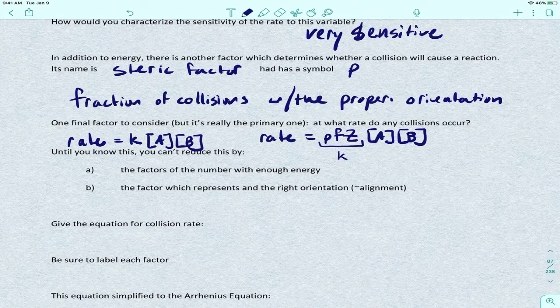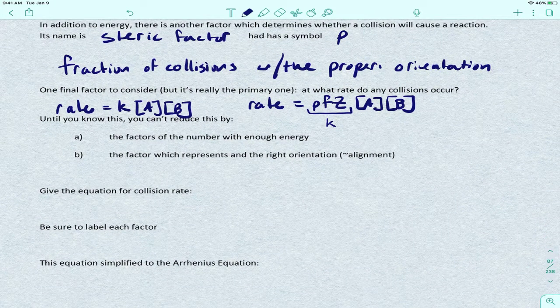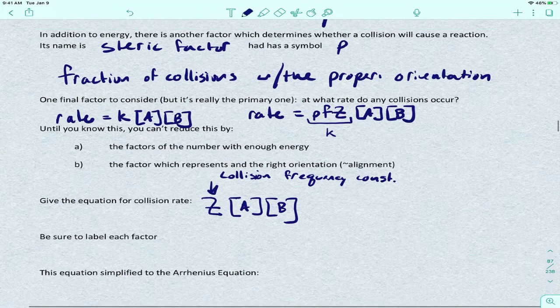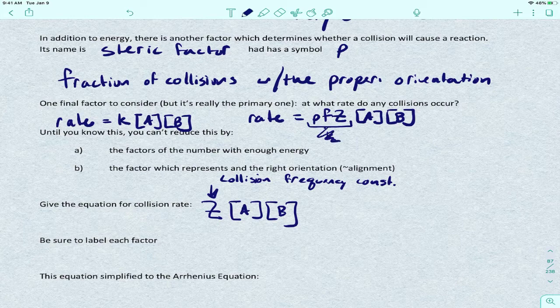So that being said, if we wanted to give the equation for the collision rate, this would be equal to Z, the collision frequency constant, times the concentration of A, times the concentration of B. Now, with these two rate laws, what I'm going to do is set them equal to each other.